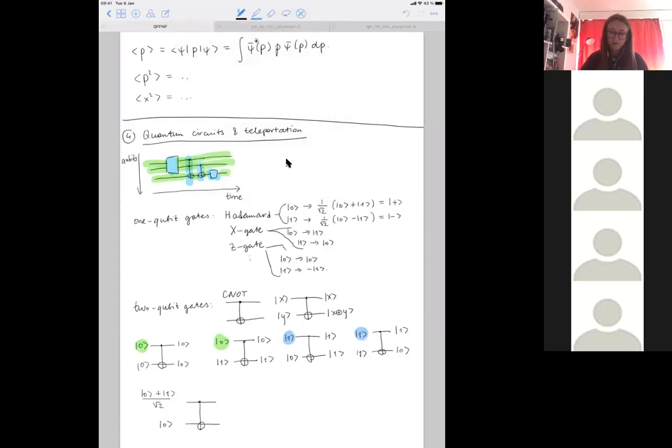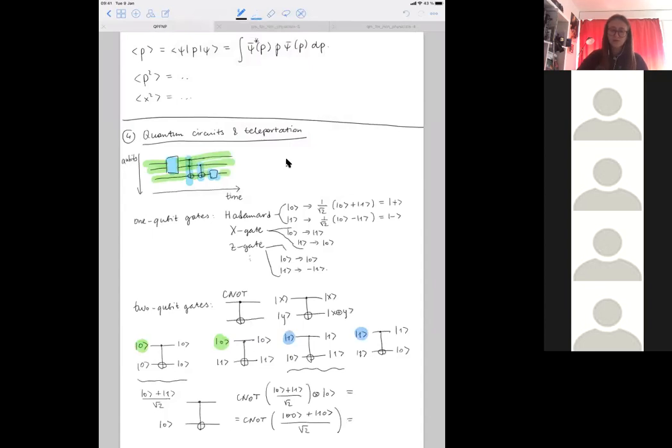Okay, then we have to combine two cases. The first case being this one, and the second case being this one. So suppose that we apply CNOT to (|0> + |1>)/sqrt(2) tensor product |0>. We apply CNOT to (|00> + |10>)/sqrt(2).